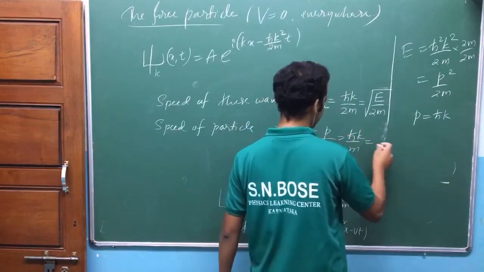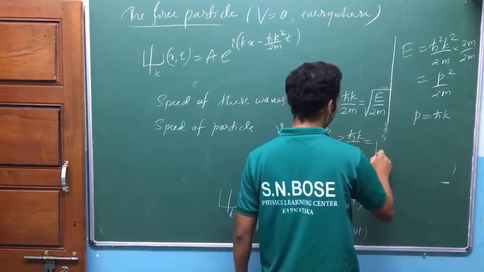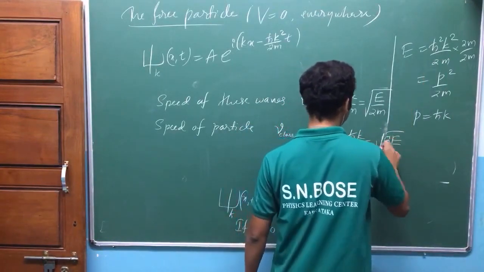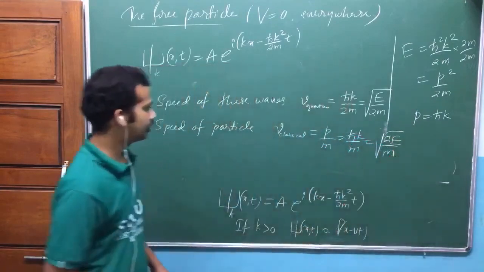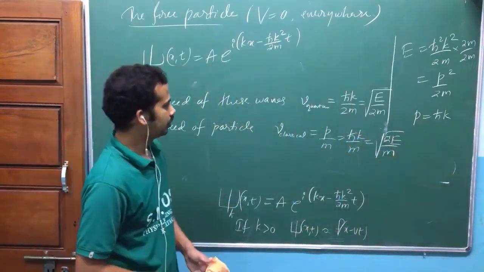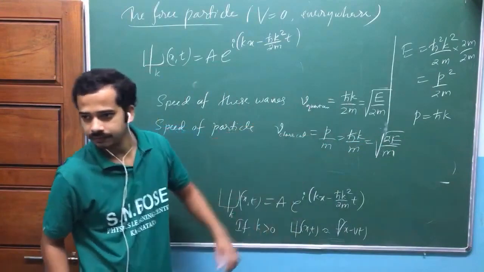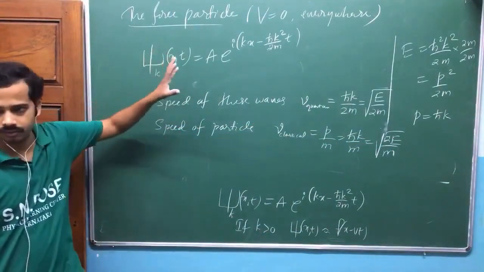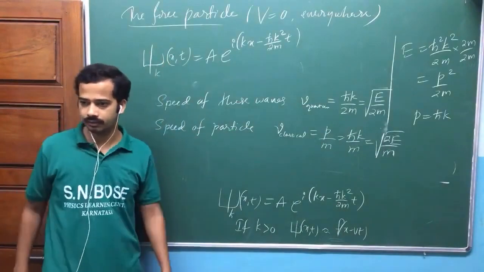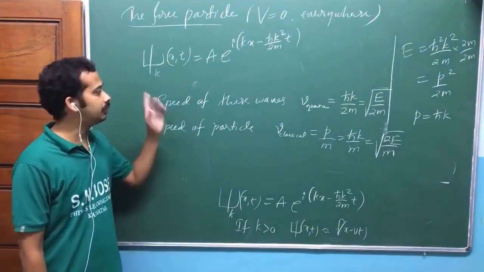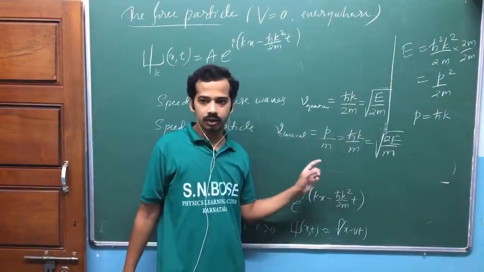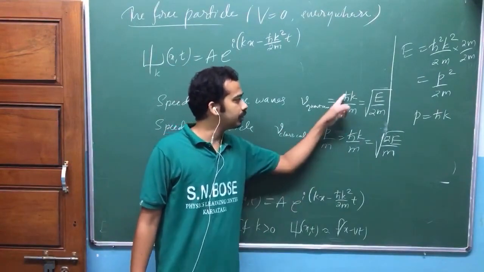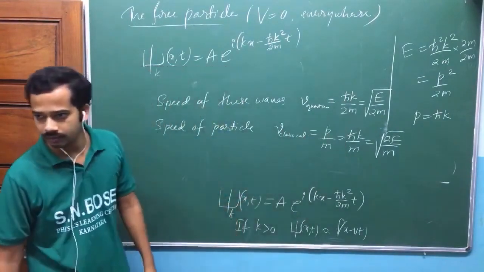That can be written, using this expression, as root of 2E by m. And you got one expression. Look at here, this is double of this one. The wave function is a kind of traveling wave, and it will move with this speed, but the particle is moving with a speed double of this one.